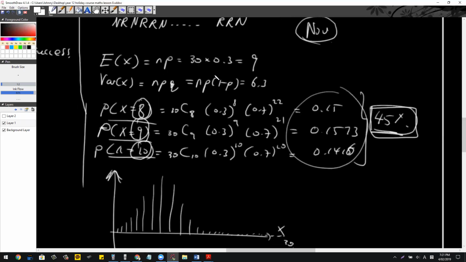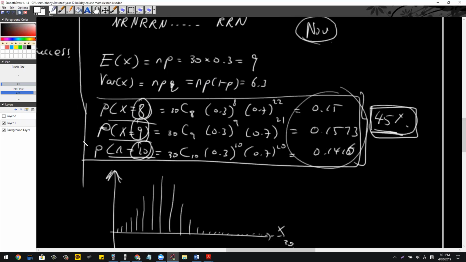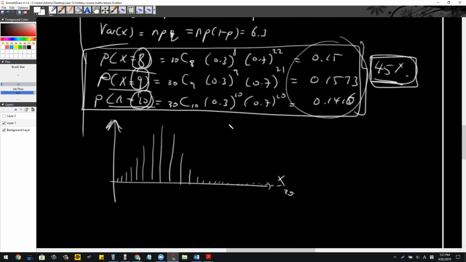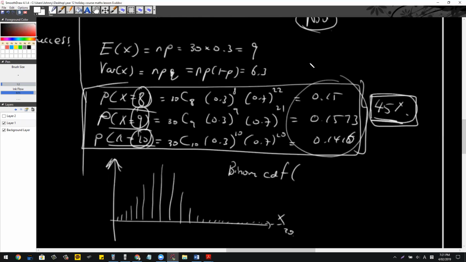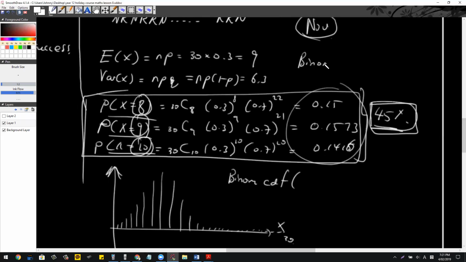So if I want to calculate all of this at once, all I need to do is use binom CDF. Different calculators have different orders, but usually it's with X, N, and then P. So I'm going to do 10, 30, 0.3.